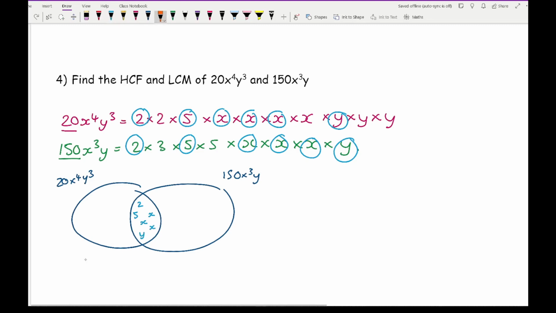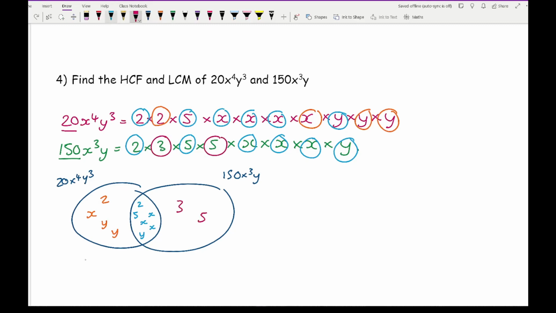Then I'm writing the ones exclusive to 20x to the 4 y cubed. So I've got a 2, an x, and 2 y's. Then the ones exclusive to 150x cubed y are 3, 5, and that's it.